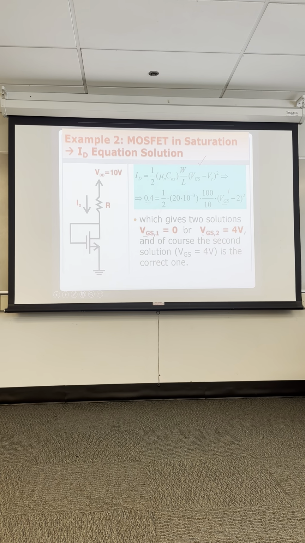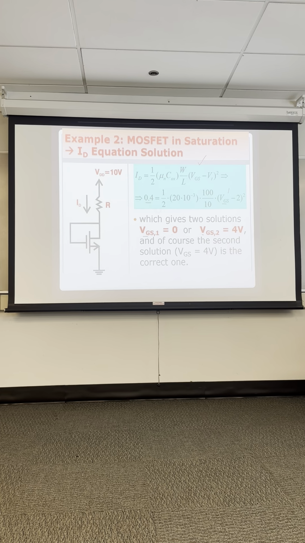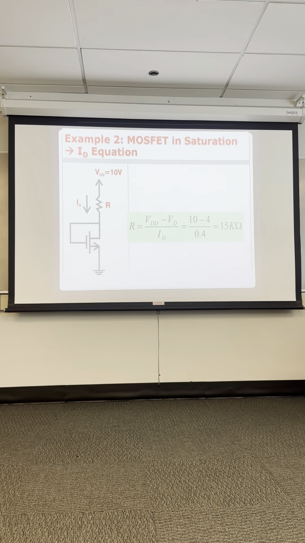From these results, only 4 is greater than the threshold. So the false result was the other gate to source value. If we decided that was the result, the transistor would be in cutoff, wouldn't be in saturation. So gate to source of 4 volts is the correct one.